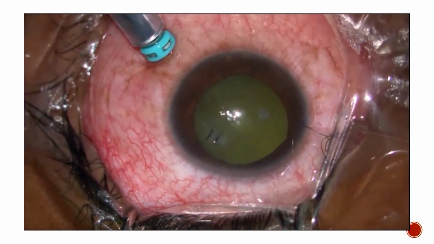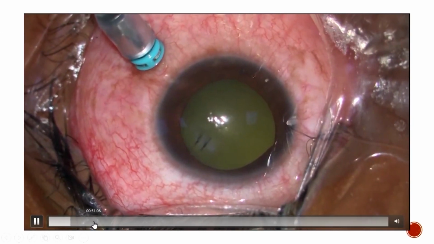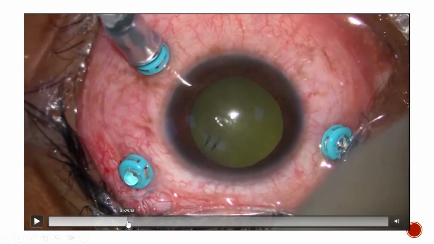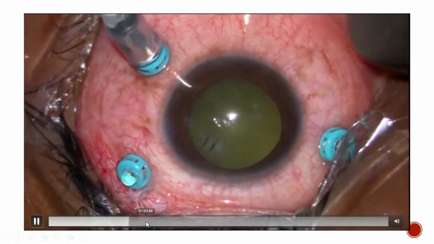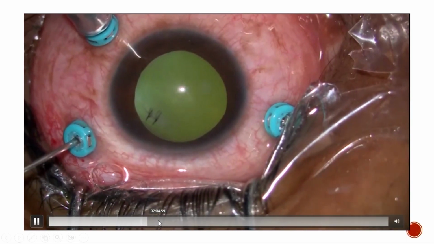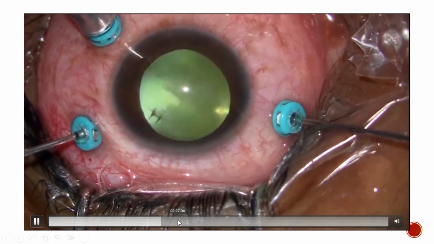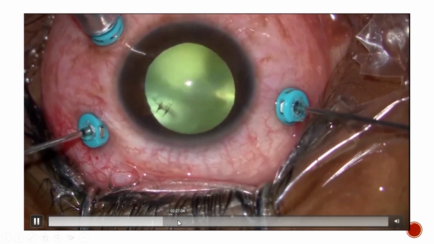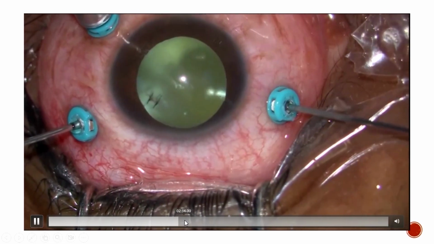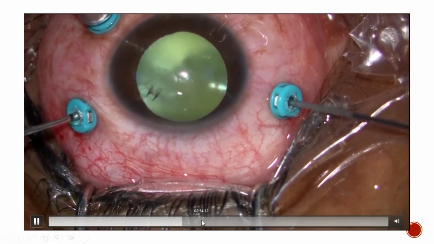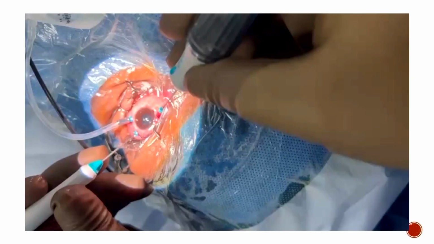After fixing all the 3 ports, the cutter is introduced through one of the superior ports, and under direct visualization of the microscope, the sample is collected, making sure that the globe does not turn hypotonic and there is no sudden collapse. Till the time it is safe, we collect as much sample as possible.